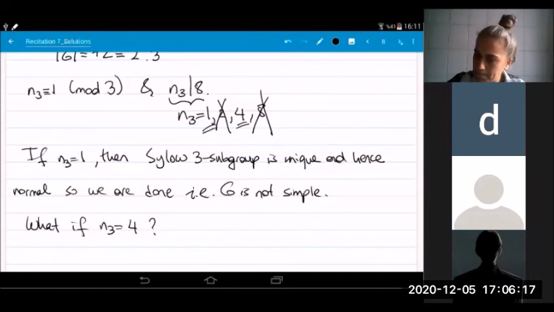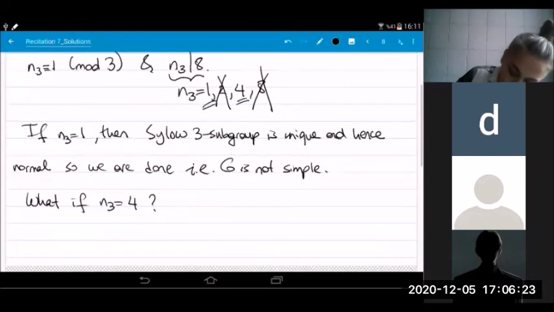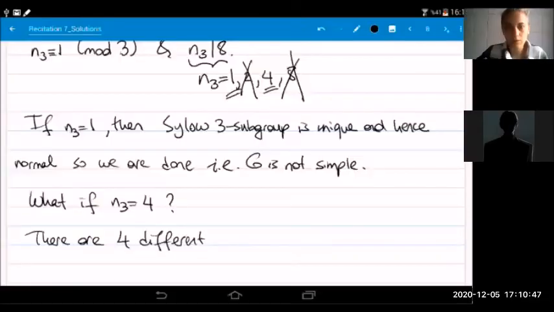Okay. What does it mean? It means that there are 4 different Sylow 3 subgroups of G. Kaydı başlattım. We were going to continue with the case of N3 is equal to 4.